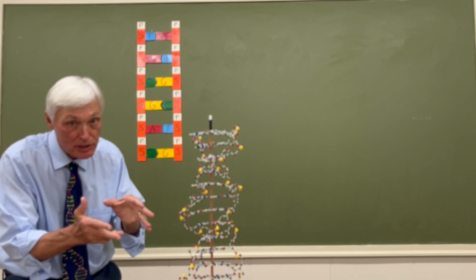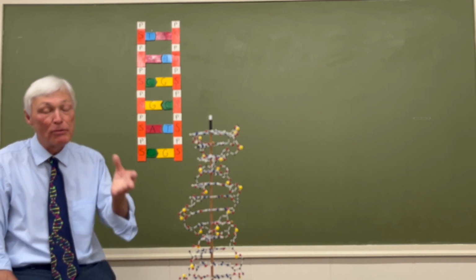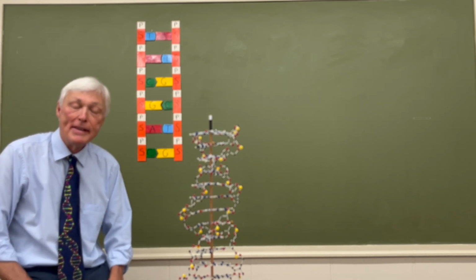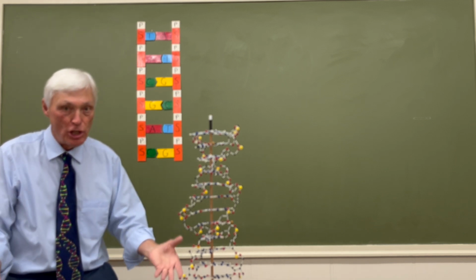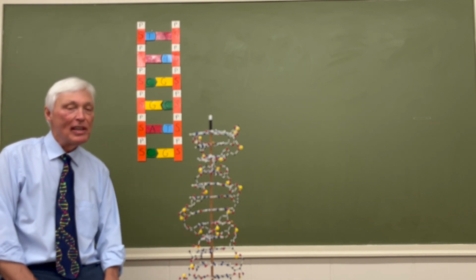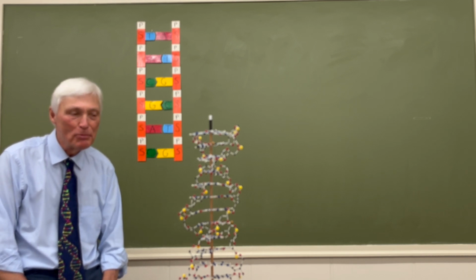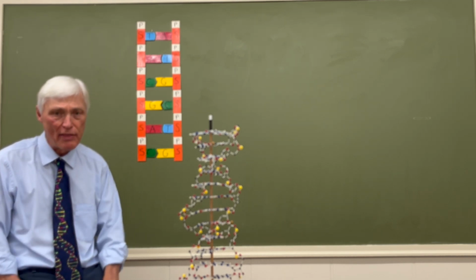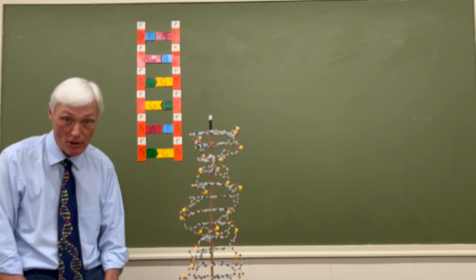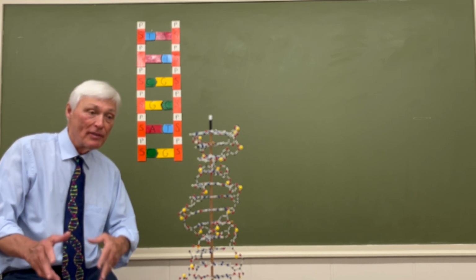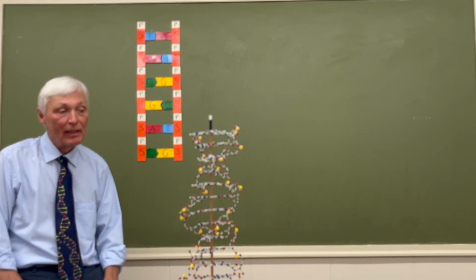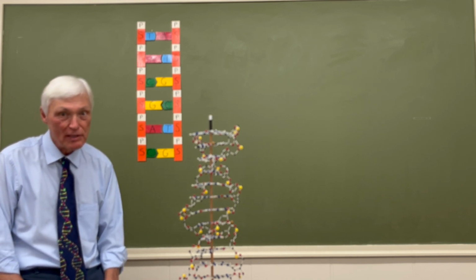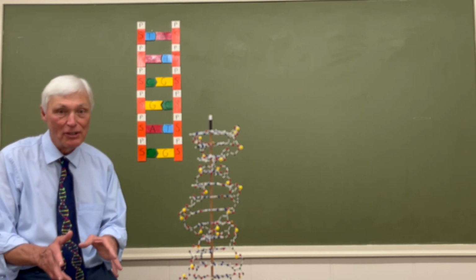So there's the connection, you see, between chromosomes and genes and DNA. Now, how many genes do we have in these 46 chromosomes? It's a little over 20,000 gene pairs. So that's a lot of information stored inside those 46 chromosomes inside that tiny nucleus.